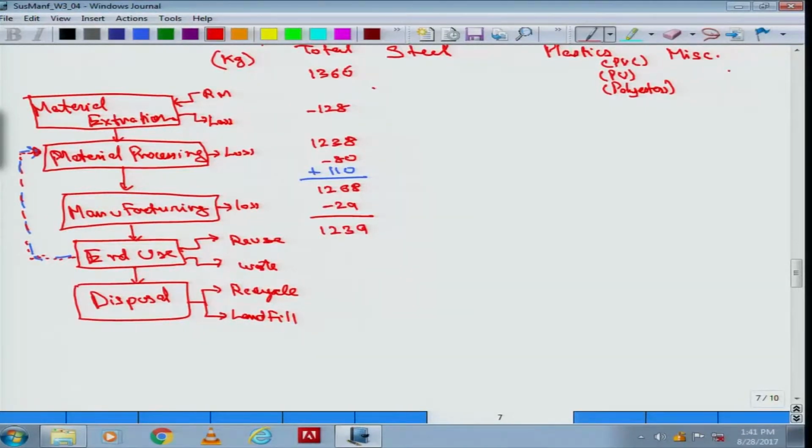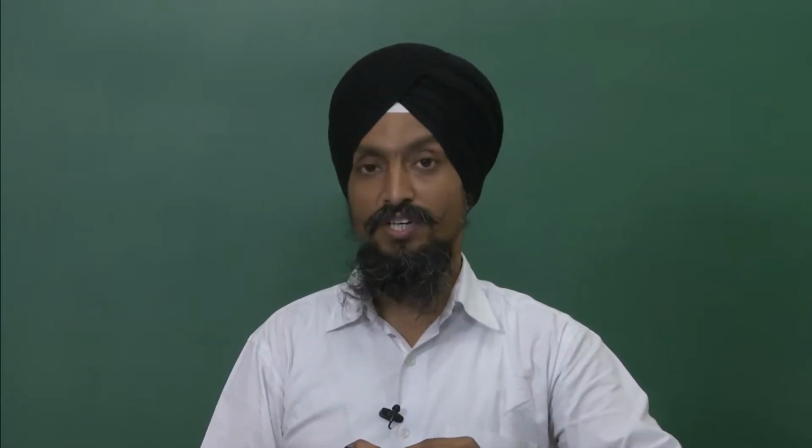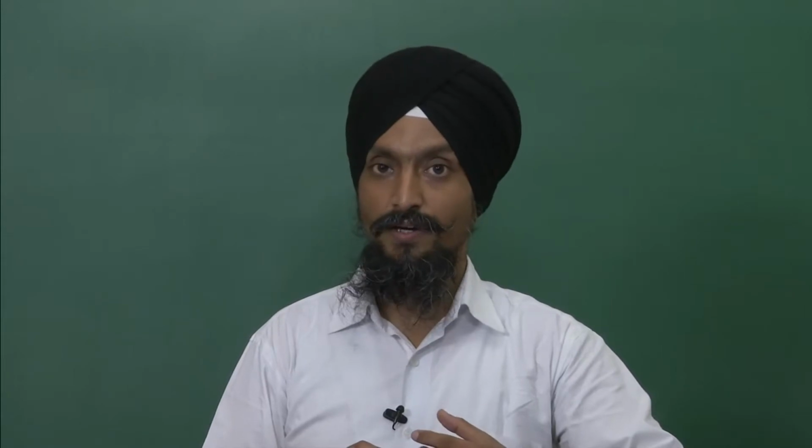The miscellaneous materials are aluminium, copper, zinc. So how much energy is required to produce 1 kg of this one? So at each stage we could do an assessment of at what point the loss is higher, or what kind of material is having higher loss, and the weight of the material multiplied by the energy required to produce 1 kg of that material would be the criterion here, right.